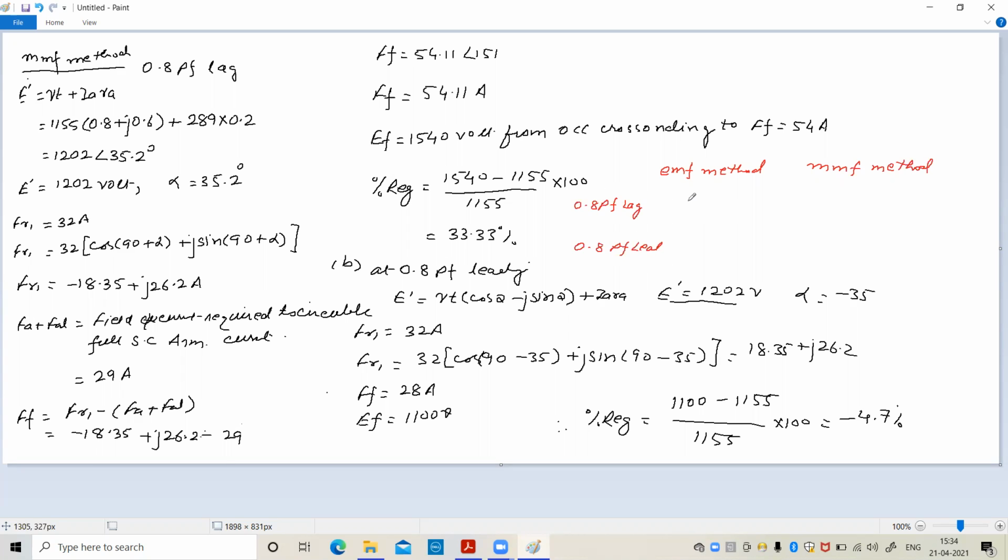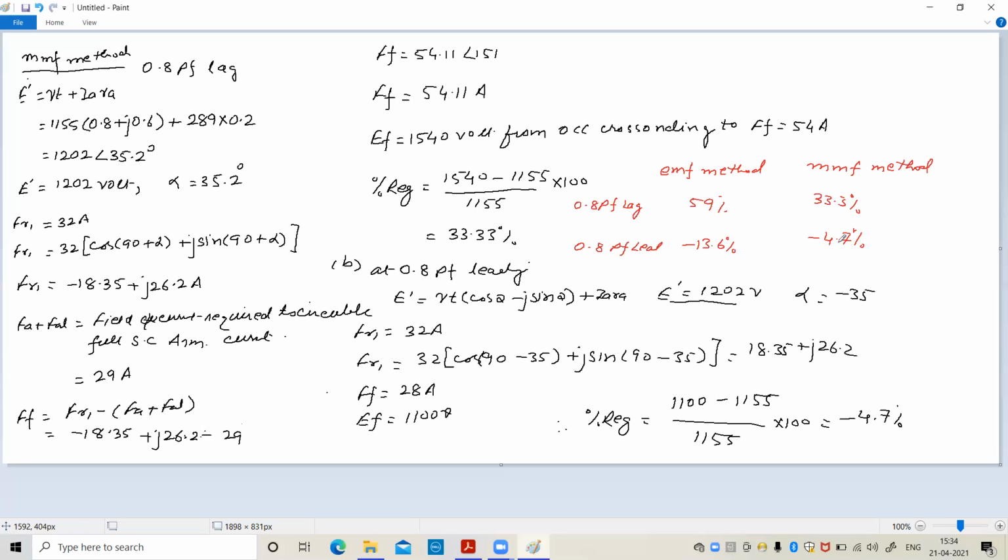So by EMF method, it is 59%, and by MMF method, it is 33.3%. Whereas for the leading power factor, the voltage regulation by EMF method is nearly minus 13.6%, whereas by MMF method it is minus 4.7%.